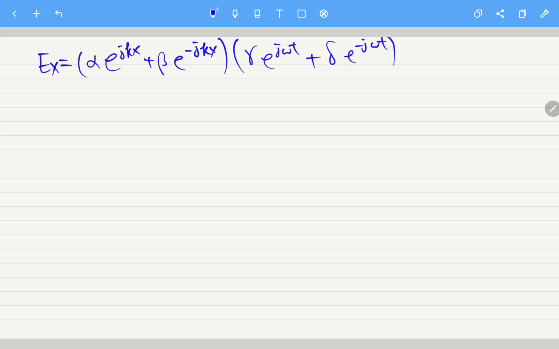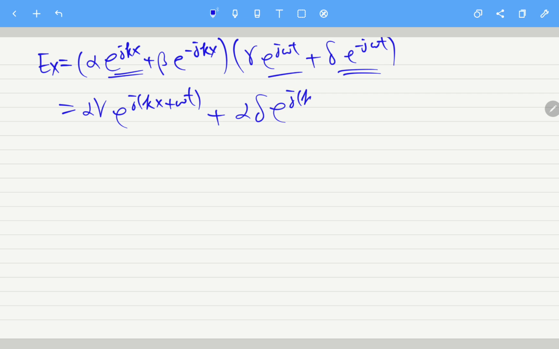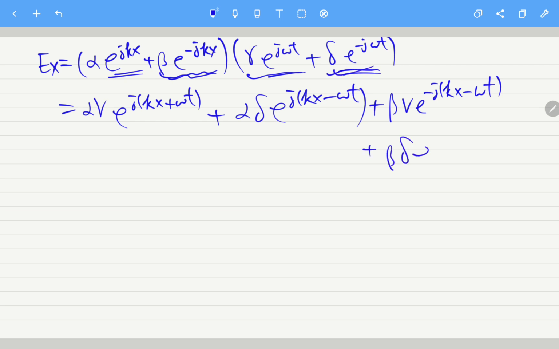So if you just expand it, we will have alpha gamma, this one multiplied by this one, exponential to j kx plus omega t, and then plus this one multiplied by this one, alpha delta, exponential to j kx minus omega t, and then plus beta gamma, exponential to negative j kx negative omega t, and finally beta delta, exponential to negative j kx plus omega t.